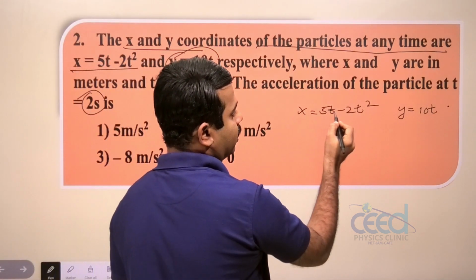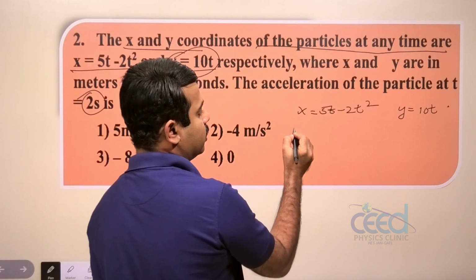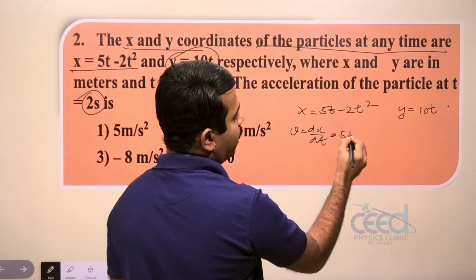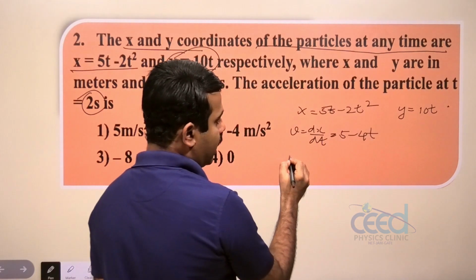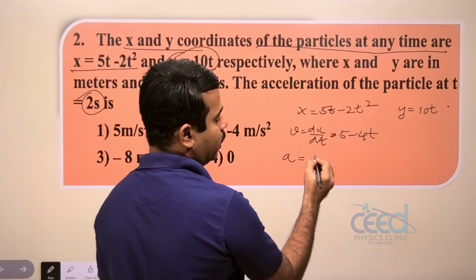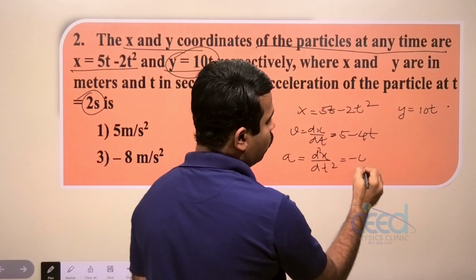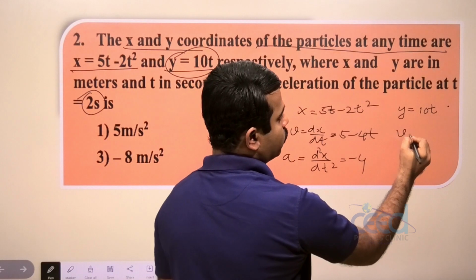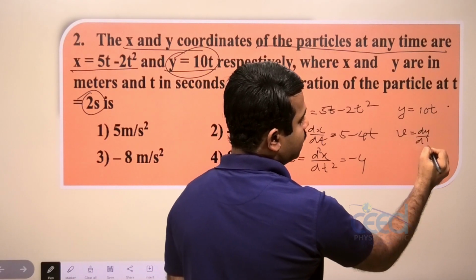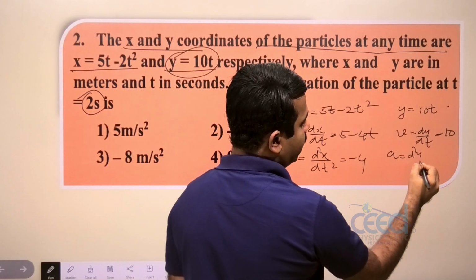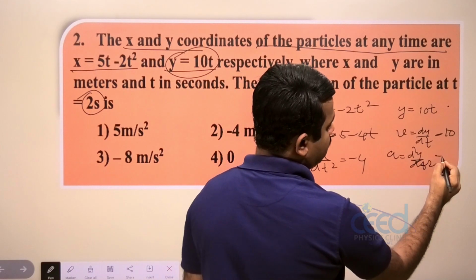Velocity vx is dx by dt, equal to 5 minus 4t. Then acceleration is d square x by dt square, equal to minus 4. Velocity vy is dy by dt, equal to 10, and acceleration d square y by dt square is 0.